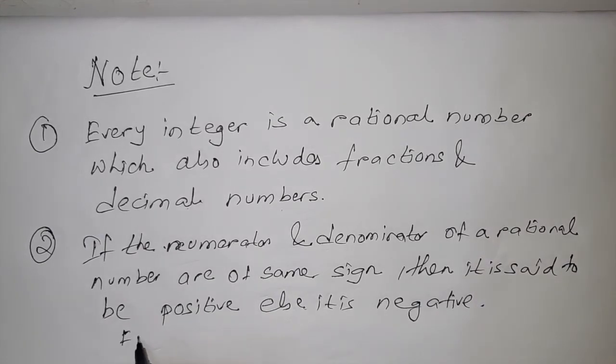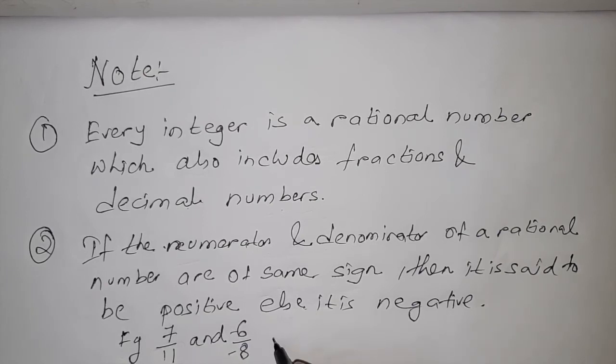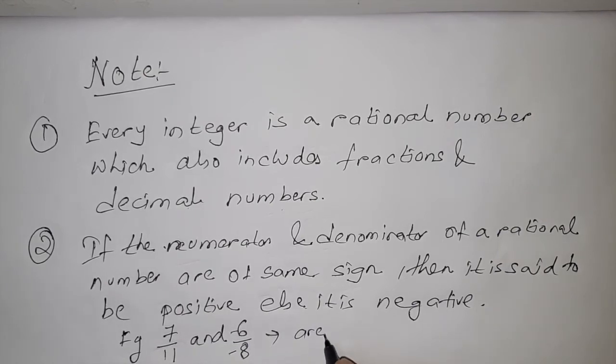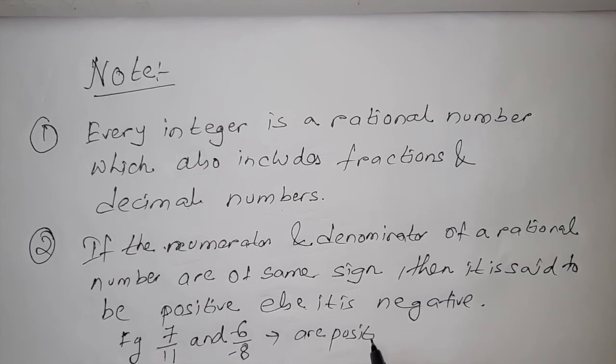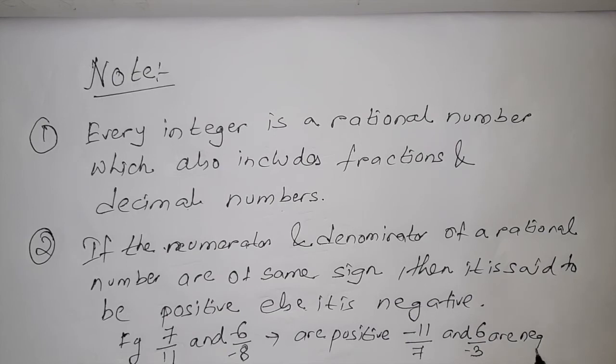Example, 7 by 11 and minus 6 by minus 8 are positive, minus 11 by 7 and 6 by minus 3 are negative rational numbers.